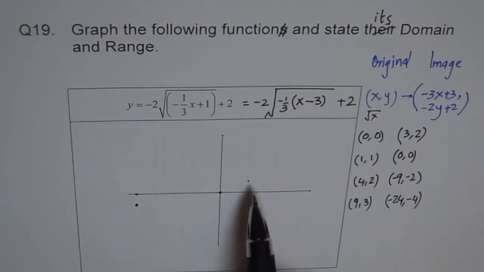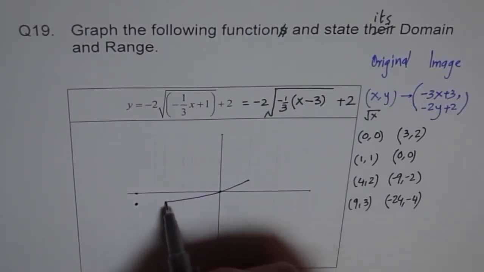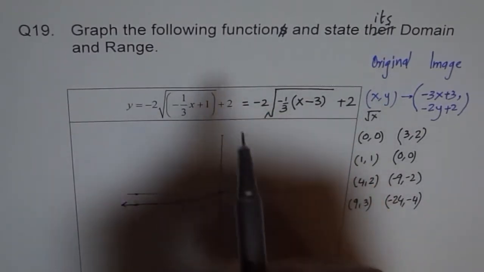You can always join these and get your final answer. Let me just join them for you, and don't forget to put an arrow at the end. So that becomes your final graph. But let me explain that this is what you could get straight, about the steps involved if we do it one by one. So let's make it here itself.